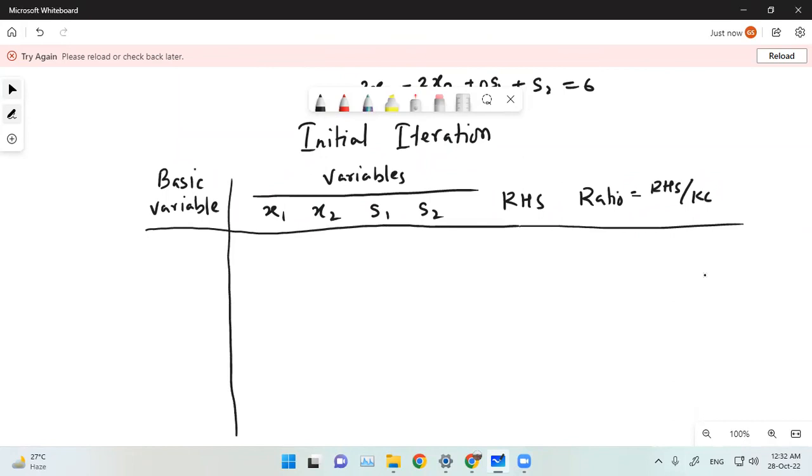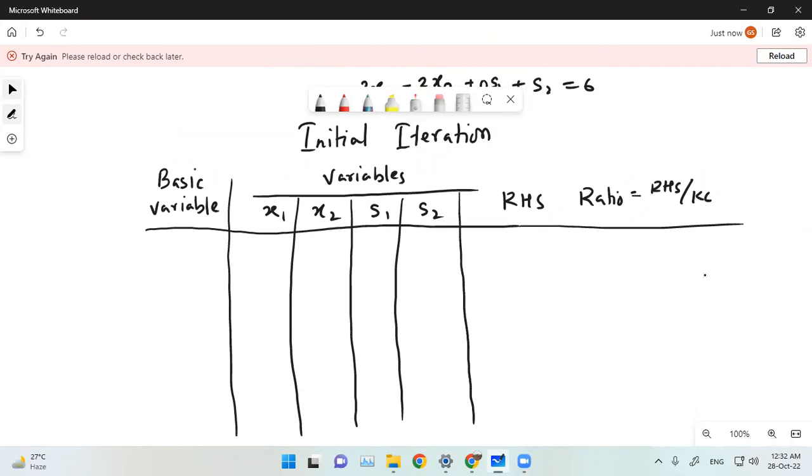Our basic variables are basically here. We already said in the last class that basic variables will be our objective variable, that is f, and the slack variables s1 and s2. With that, we have our minus f or f star, whichever you prefer; there's no problem with that.